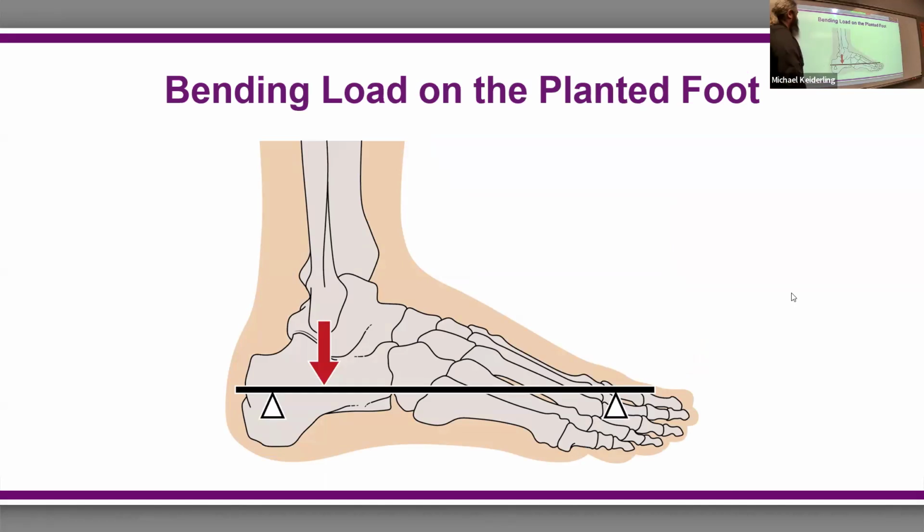And here in the planted foot, you have two pivot points near the ends and a force in the middle. So the bending load will bend it down like that, opposite the direction of the arch of your foot, basically.